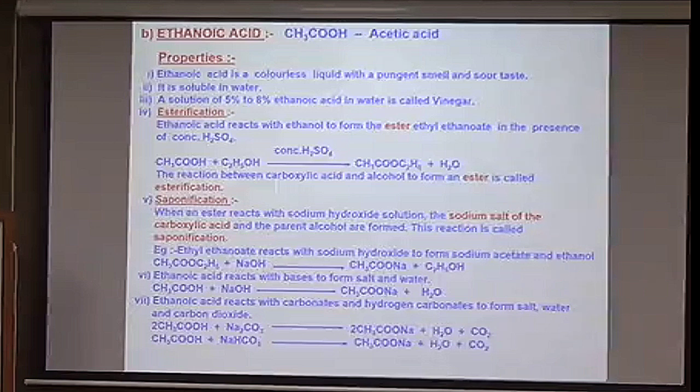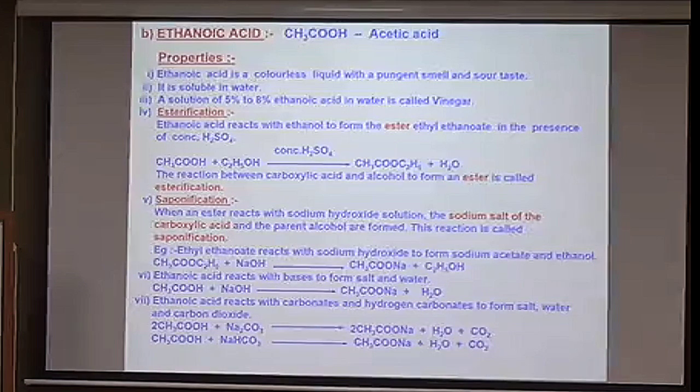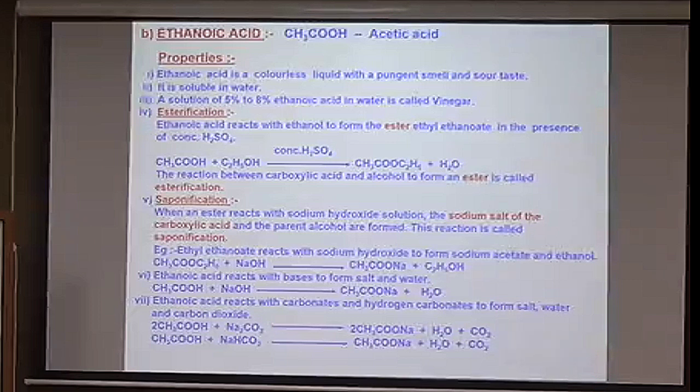It turns blue litmus red, it reacts with metal carbonates to produce carbon dioxide gas, it reacts with bases to produce salt and water, it also reacts with metal bicarbonates to produce carbon dioxide. So it shows all the properties shown by an acid, but it's a mild acid. It just ionizes feebly in water, producing a small number of hydrogen ions.